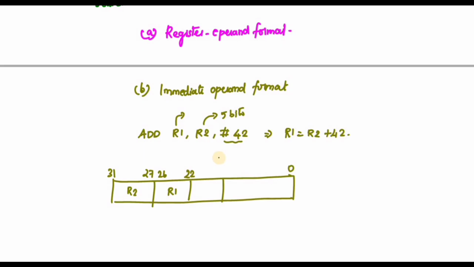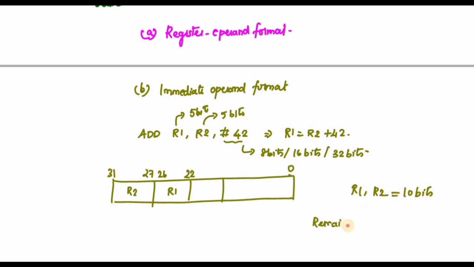And the remaining will be your immediate operand. This immediate operand may be 8 bits, 16 bits or 32 bits. Here I have assigned 5 bits each for R1 and R2, so totally I used 10 bits.